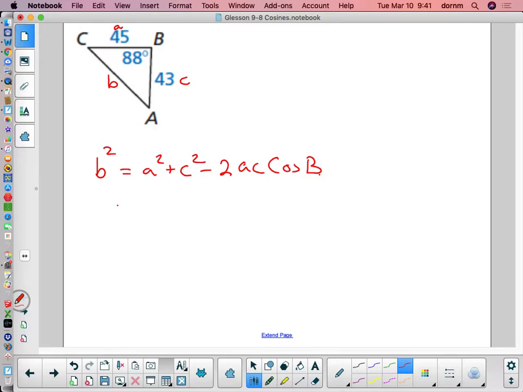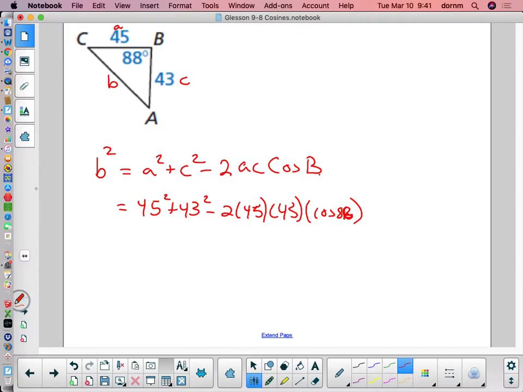And we just plug in our numbers. That's 45 squared plus 43 squared minus 2 times 45 times 43 times cosine of, sorry, 88, B is 88. And again, when it's set up like this, this is cake.